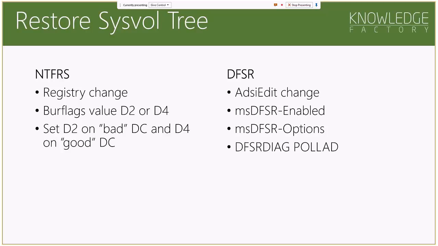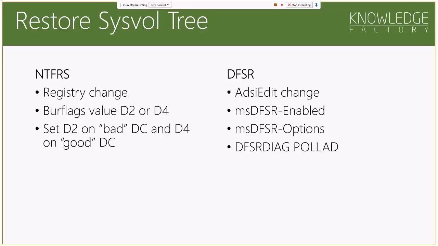And the DFSR changes, you have to do it on every DC as well. You start the DFSR service on the good DC and then set msDFSR-Enabled to true. You run dfsrdiag pollad on the good DC.